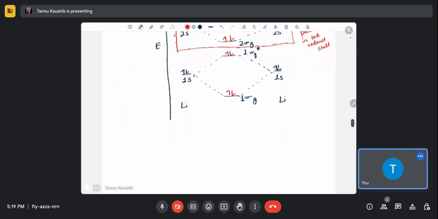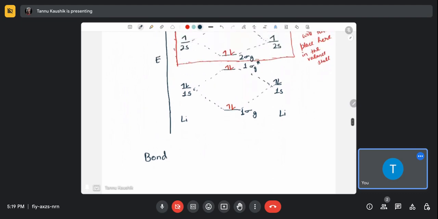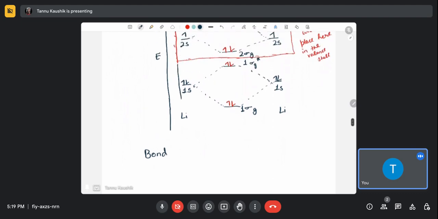So now, if we find out the bond order for Li2, these core shell electrons don't take part in bonding.